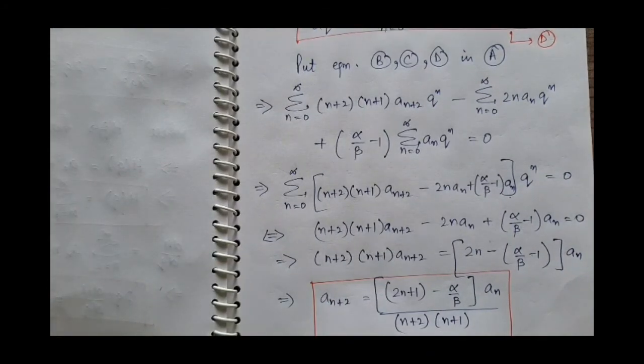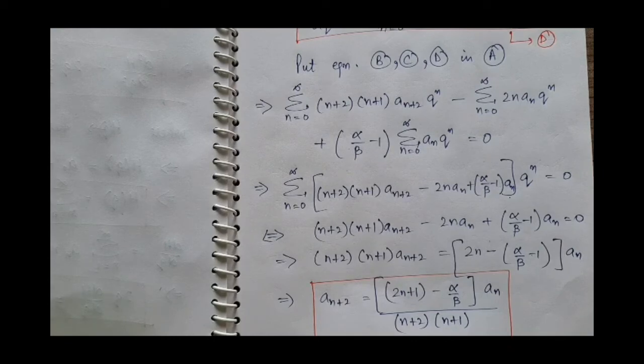But we have already supposed the Hermite polynomial H of q is equal to summation n varies from 0 to infinity a n q raised to power n. It means it is a polynomial of order n. So the coefficients a n plus 2, a n plus 4, a n plus 6, a n plus 8, they will vanish.